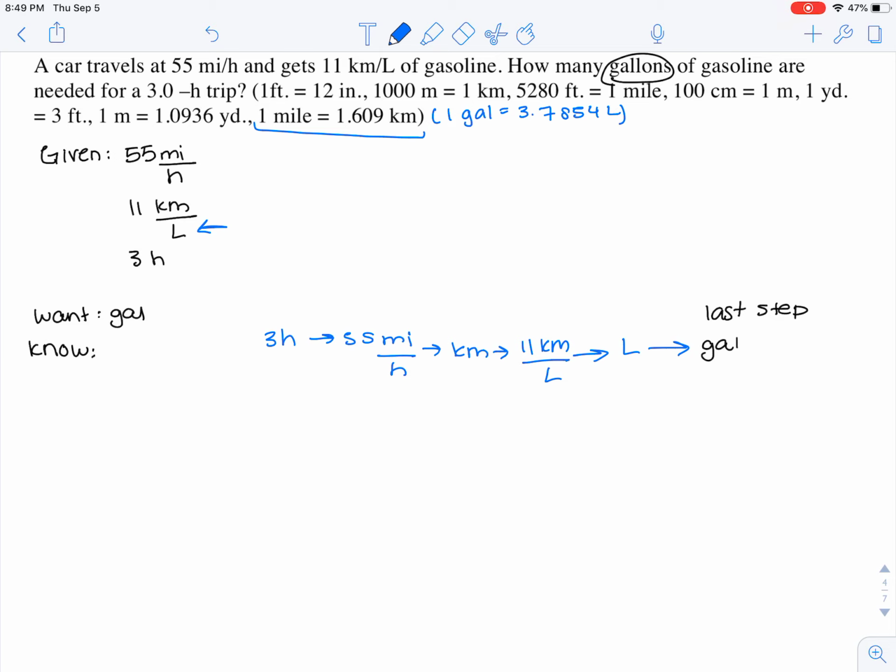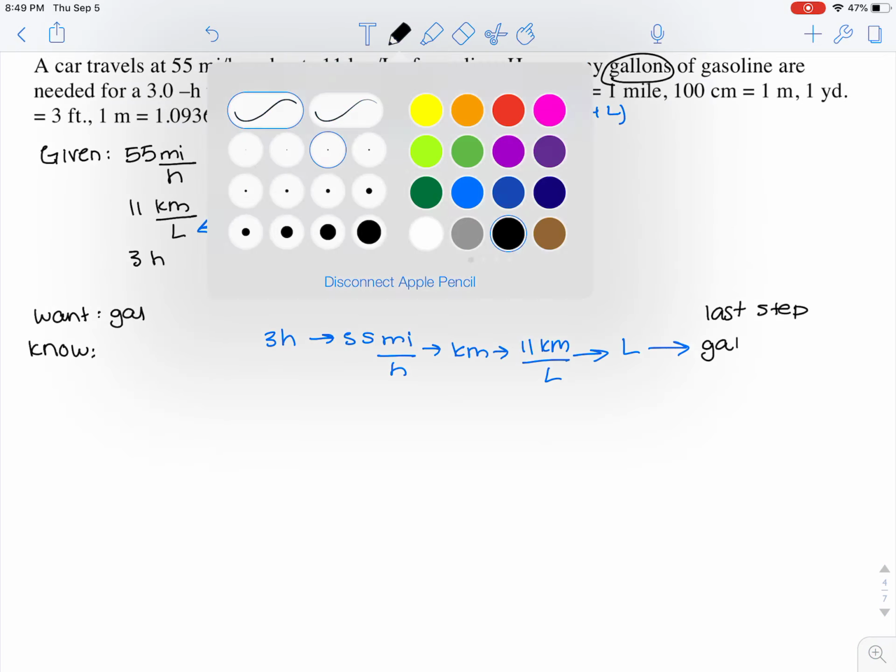I know that I can go to gallons from liters, and I have something that gives me liters. But on top of it was kilometers, so I have to get rid of that. Then I see that I have that mile to kilometer conversion factor, and I can get rid of the miles by using the 3-hour trip that I need to use anyway. And then you're ready to just plug it in.